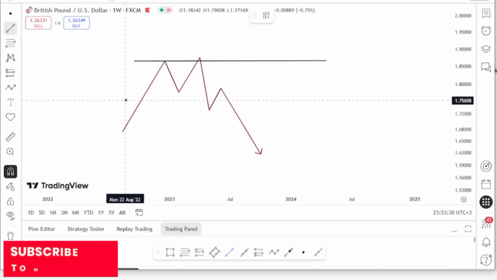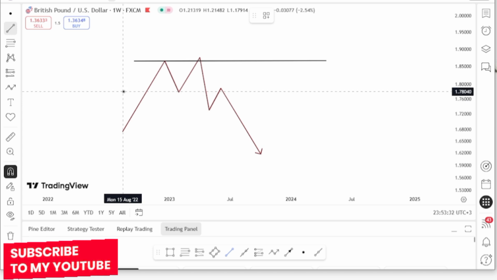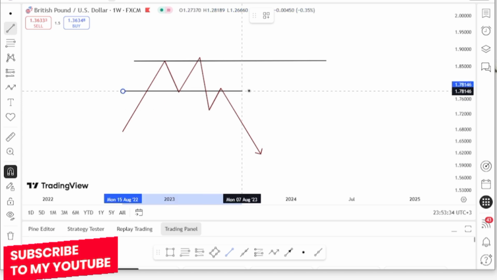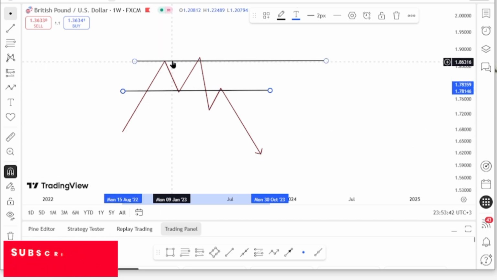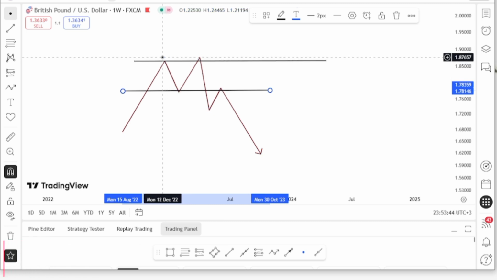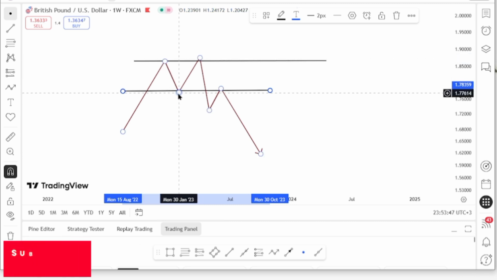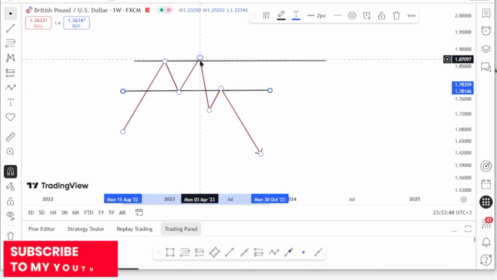So when the market comes from here and goes up to our resistance, then it reverses from our resistance and comes up again to our resistance. It has formed a double top.